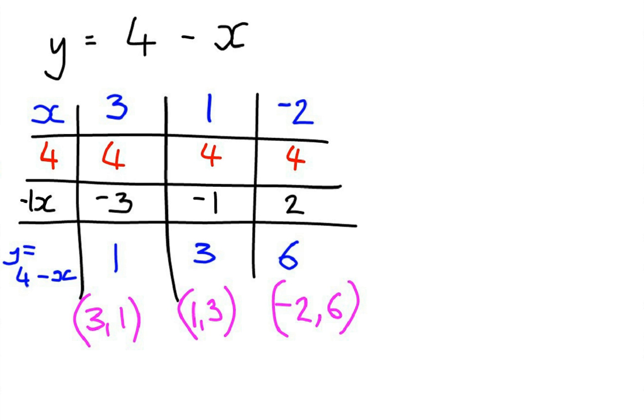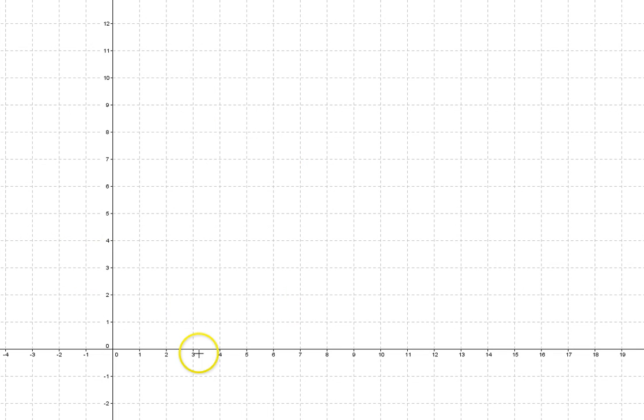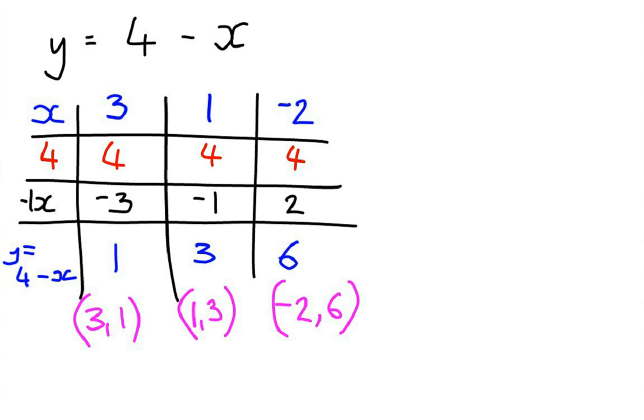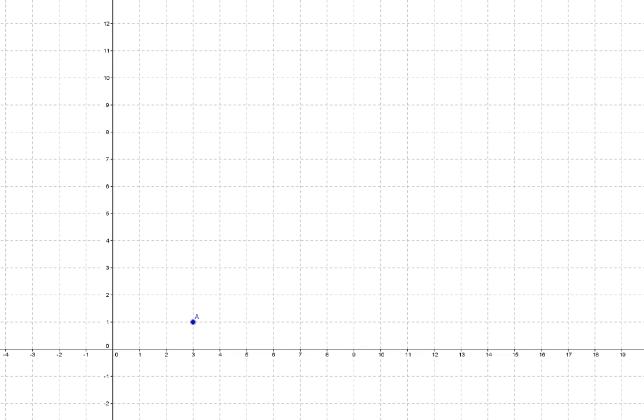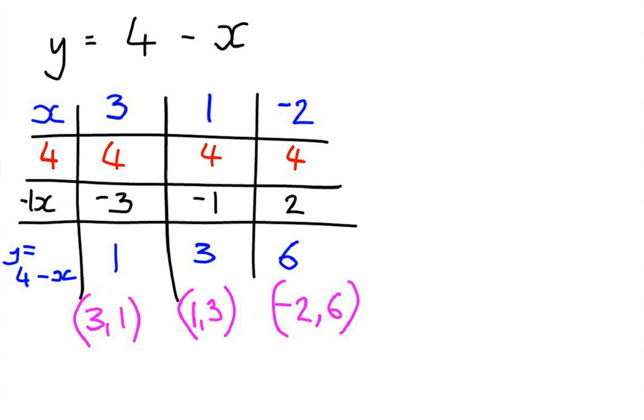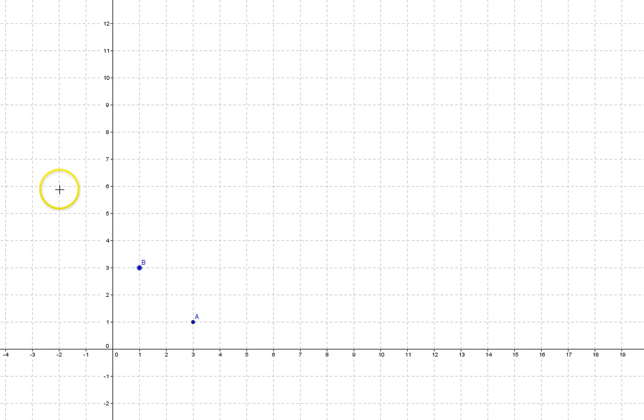Okay, so let's plot these, starting with 3, 1. So I've got 3, 1. My next coordinate was 1, 3. So I'm going to go 1, 3. And my final coordinate was negative 2, 6.